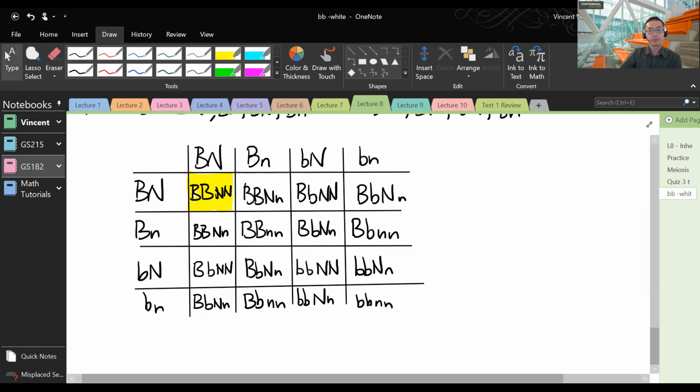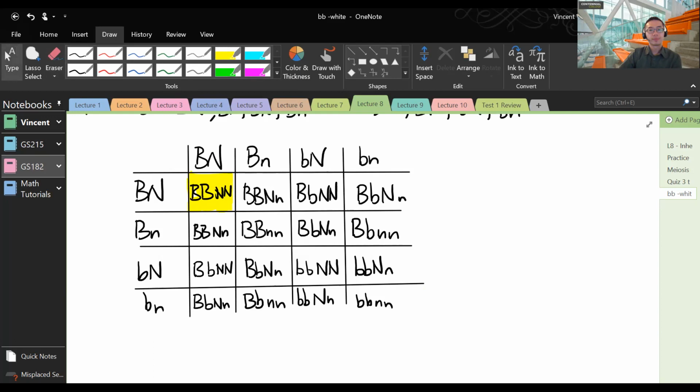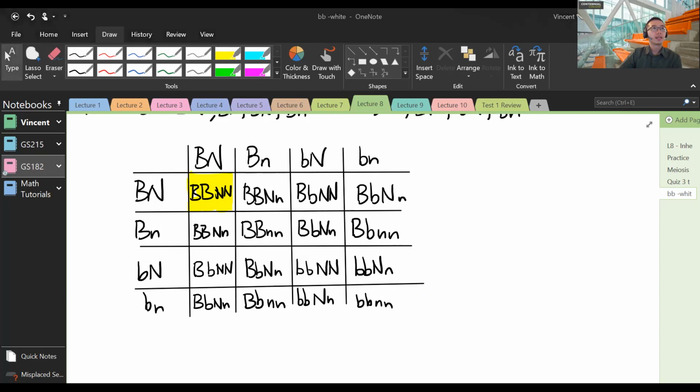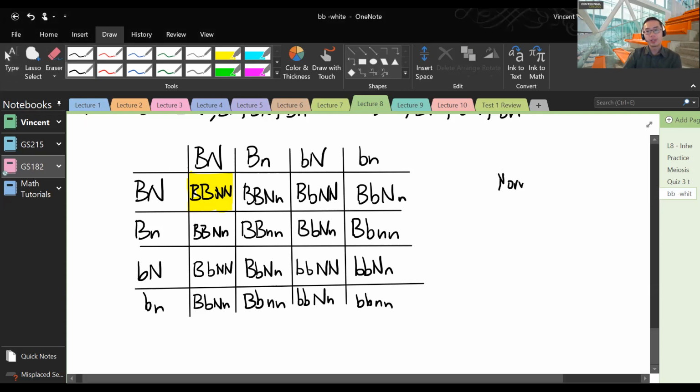Okay, a few people said they're going to be black and normal fur. That's correct. So I want to find out if there are other rabbits that will be black and normal fur. So that one is black and normal.